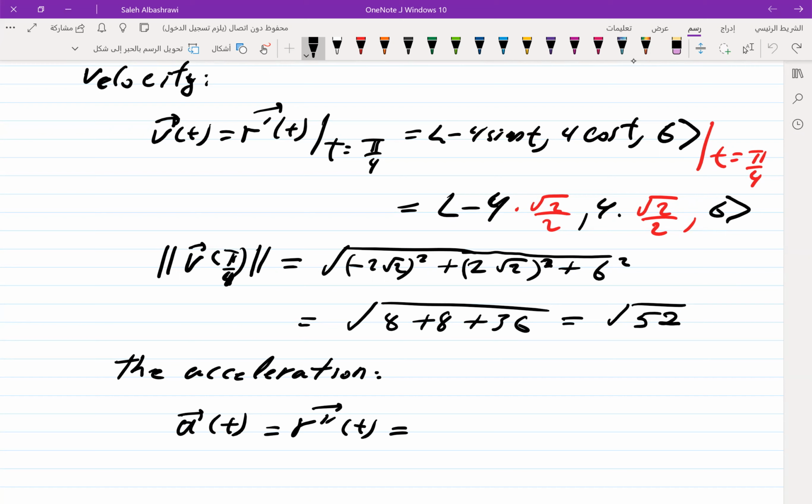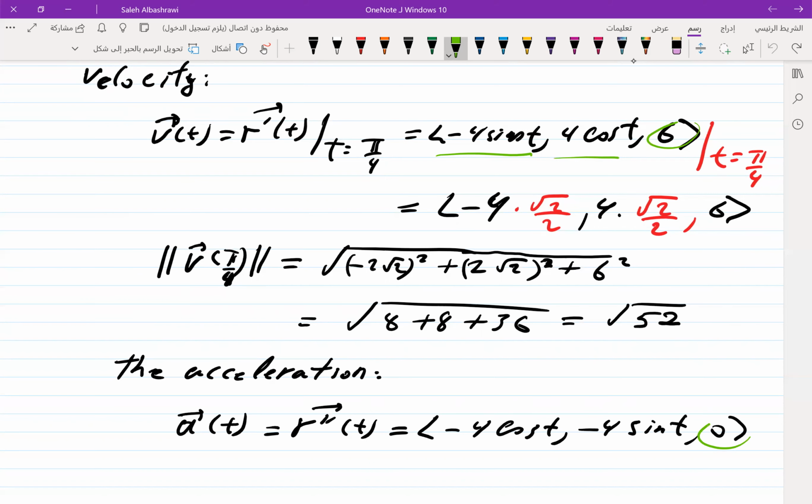The second derivative is equal to minus 4 cosine of t, minus 4 sine of t, and 0. This is the first derivative, so the second derivative will be minus 4 cosine. This will give me minus 4 sine, and the derivative of 6 is equal to 0. It is constant. So this is the acceleration.